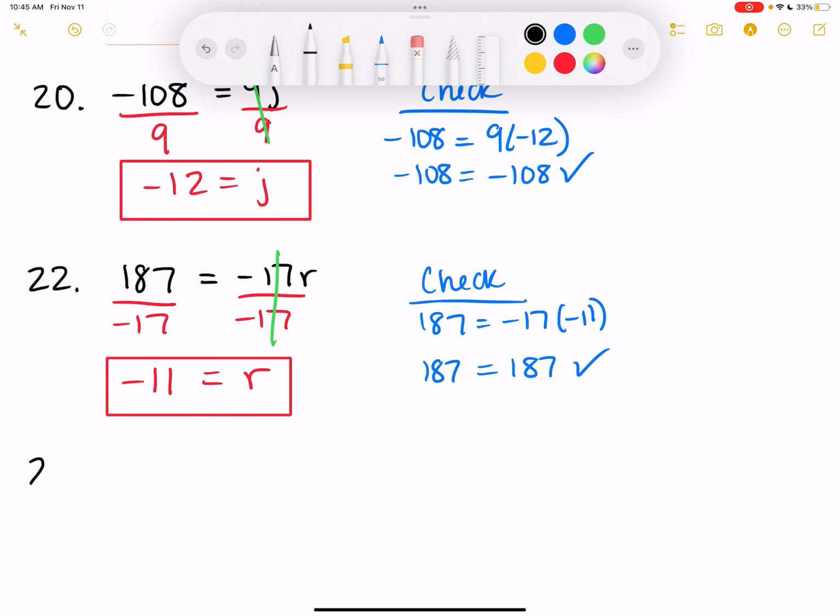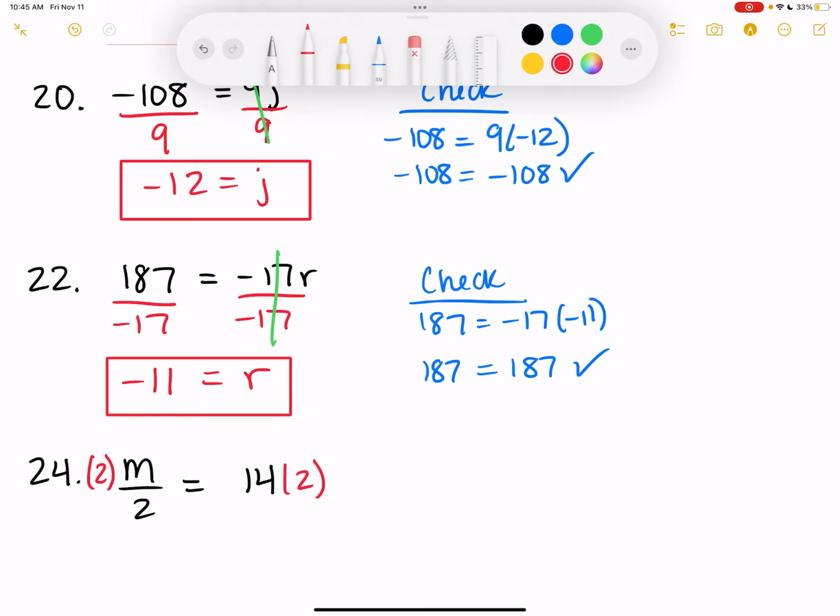Then 24. M divided by 2 equals 14. So what do I do with this one? Yep, multiply by 2 on both sides. So, yep, the ones on the left cancel, leaves you with M on the left, equals 14 times 2 is 28.